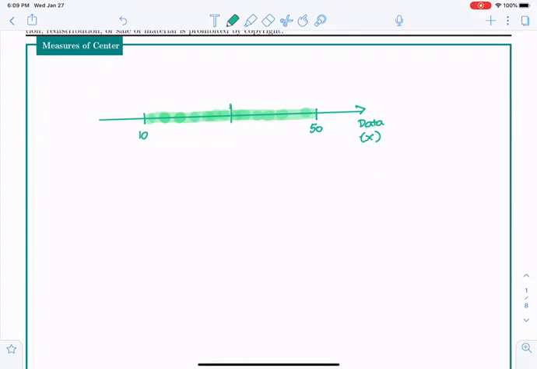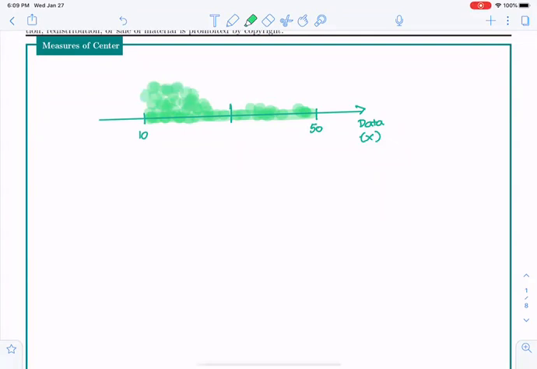But if we have more observations on one side, and fewer observations over there, then the center is going to lean toward where we have more observations.